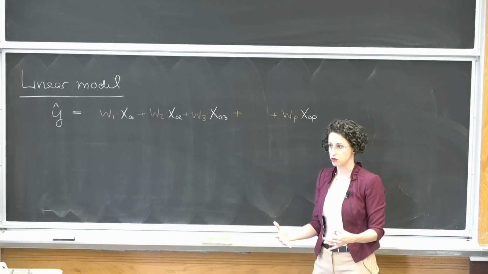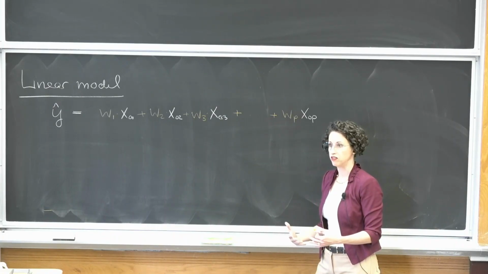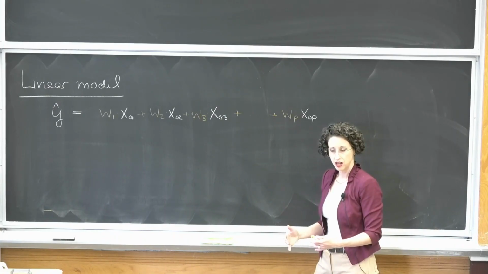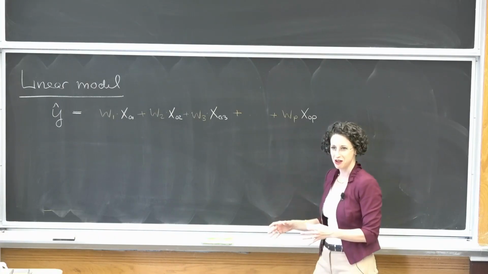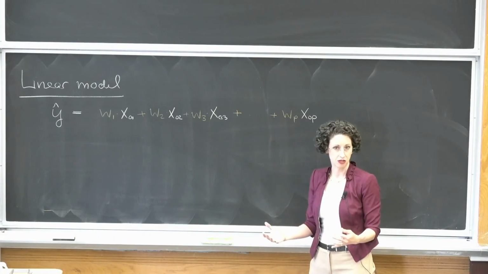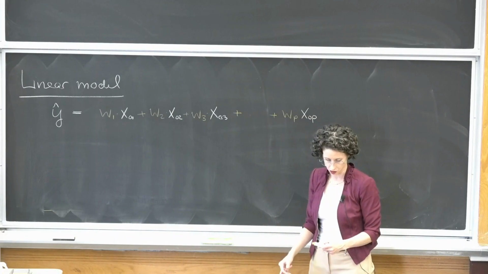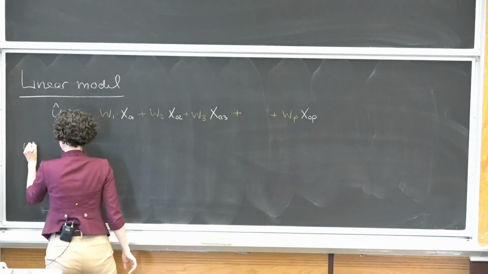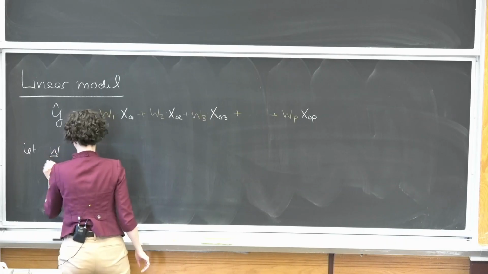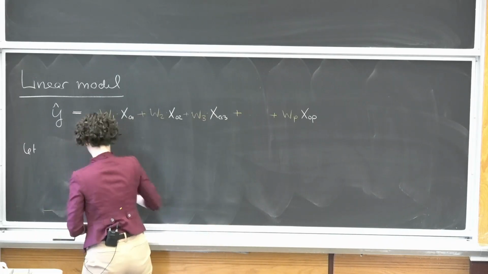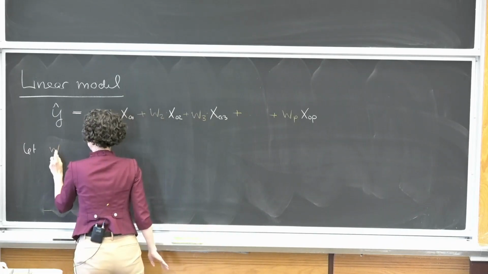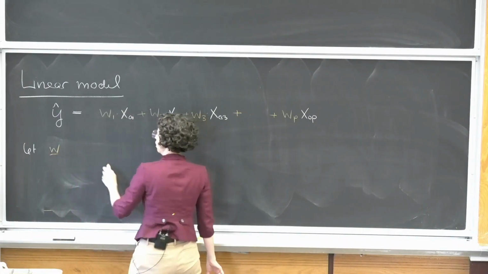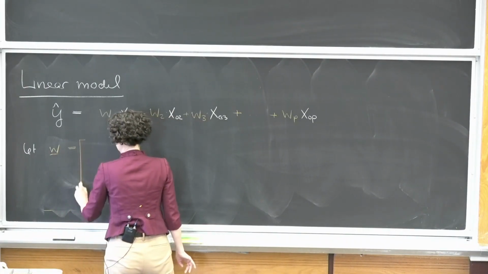And so we're going to introduce some notation that's going to simplify a lot of things for us a little bit when we first start talking about linear models, but a huge amount as we progress further into the course. So in particular, we are going to let W, with the underline, be our weight vector.